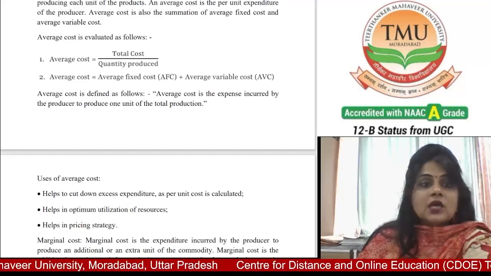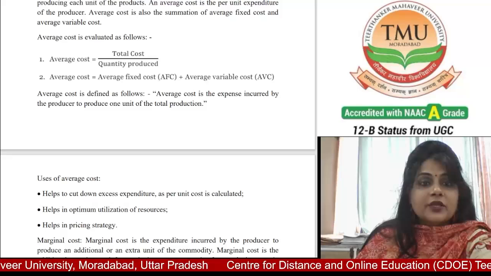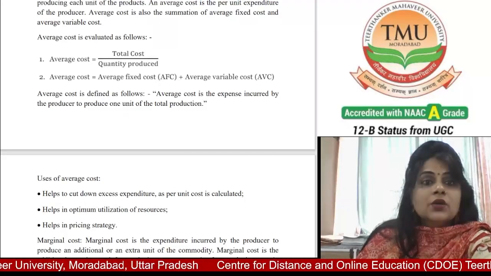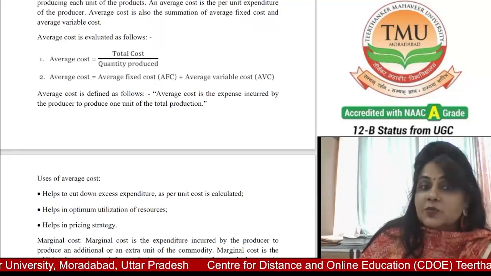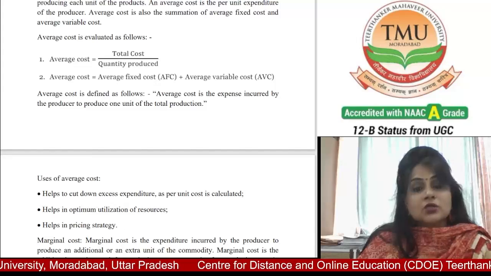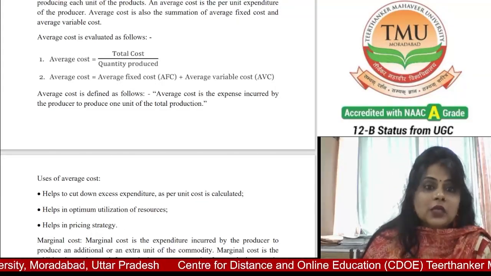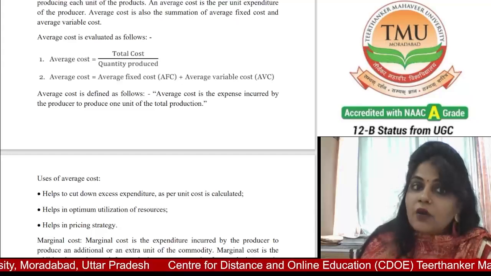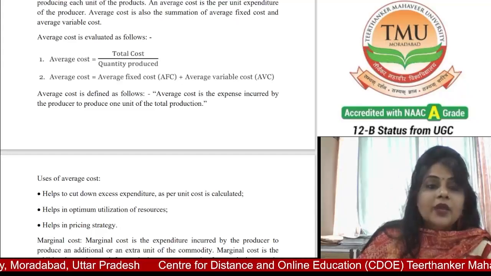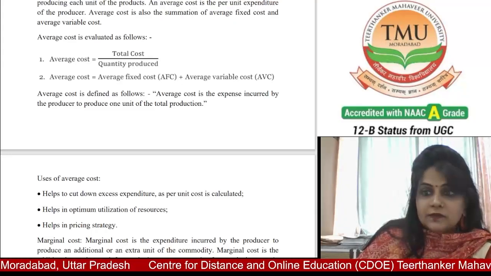Now we discuss the uses of the average cost. It helps to cut down excess expenditures as per unit cost is calculated. I have also discussed it. It helps in optimum utilization of resources and helps in pricing strategy.